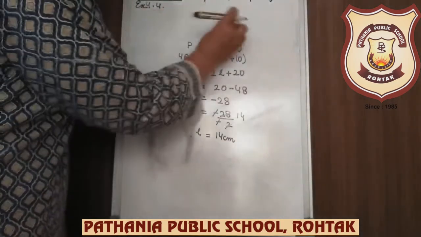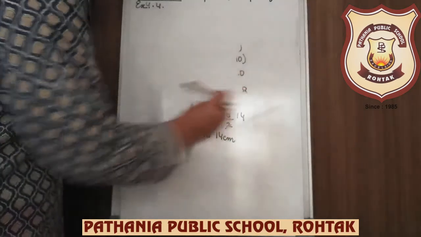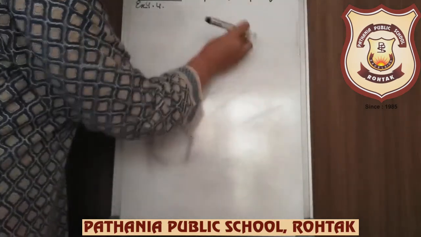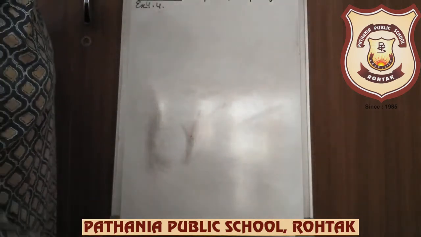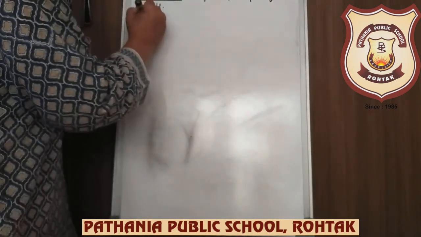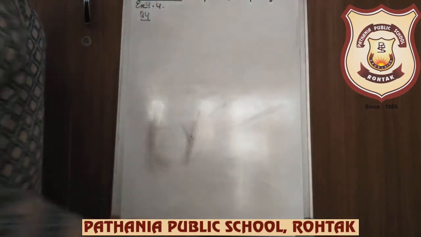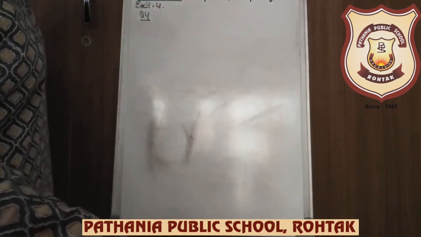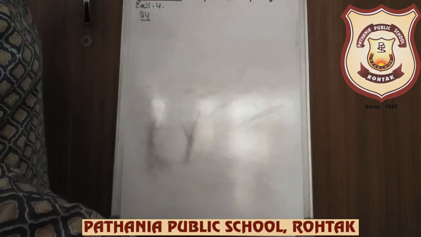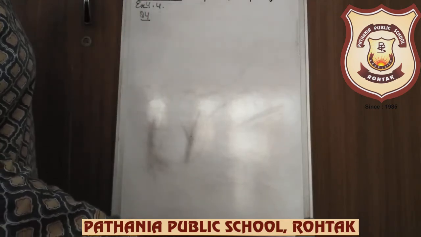Now come to questions 4 and 5. I'll take question number 4. Question number 4 says the sum of two numbers is 46 and one is 6 more than the other.